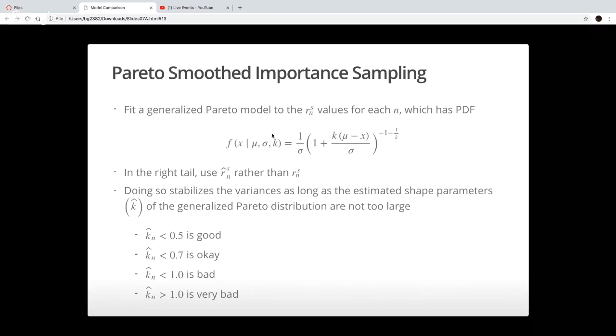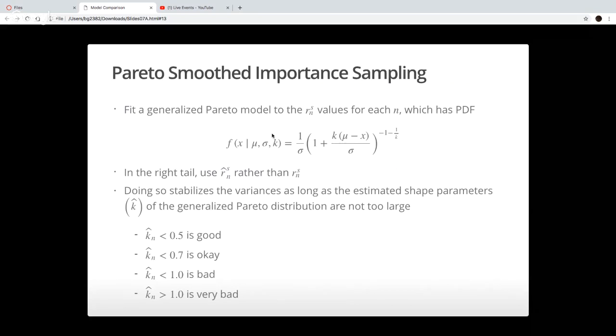So just deterministically, with optimization or whatever, fit a Pareto distribution to some proportion of the right tail of the weights, which have a lot of noise in them, and substitute the point predictions implied from that generalized Pareto model for the actual weights. And this reduces a lot of the variance in the weights, only introducing a tiny amount of bias that tends to go away if you have a moderate sized n.